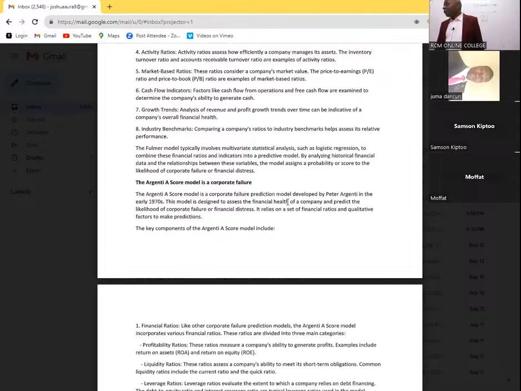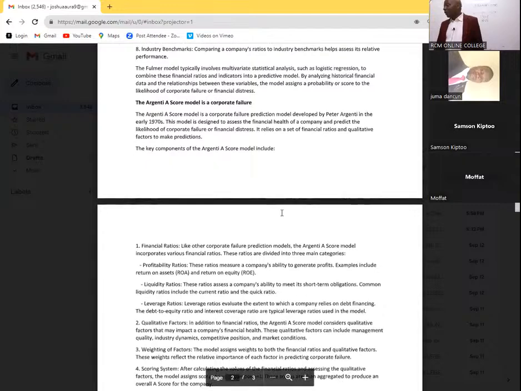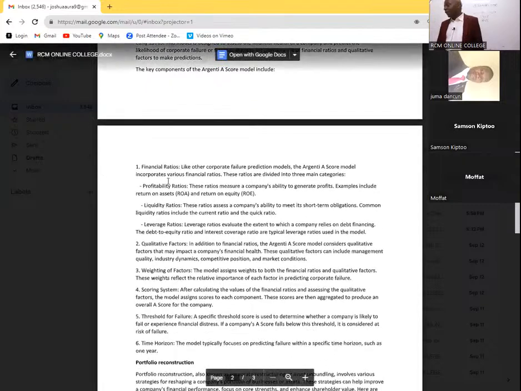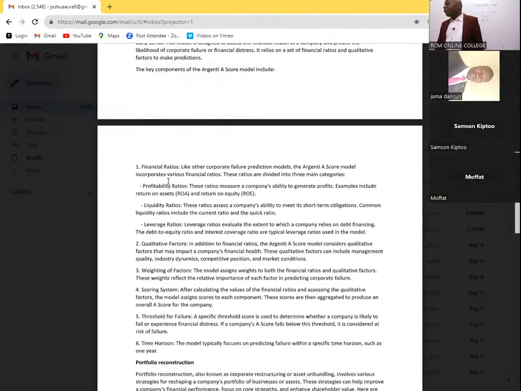The key components of the Argenti A-score model: number one, we have the financial ratios. Like other corporate failure prediction models, the Argenti A-score model incorporates various financial ratios. These ratios are divided into three main categories: profitability, liquidity, and leverage. The one that I'm so much concerned about is the Argenti A-score model that uses qualitative factors.